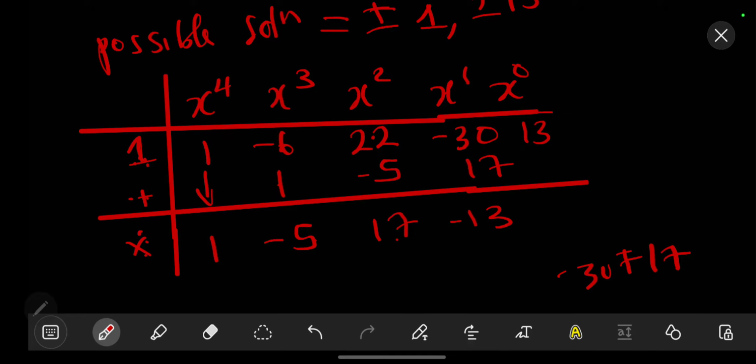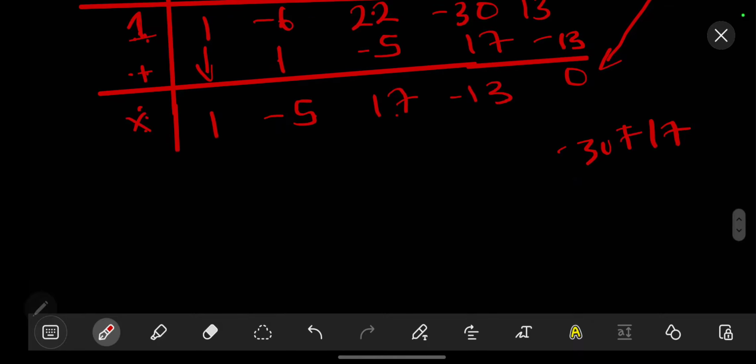Then multiply 1 times negative 13, it will give us a negative 13. Then add 13 plus negative 13, it will give us a 0. So as long as the remainder is equal to 0, it means this is a factor. So x is equal to 1 is a factor.